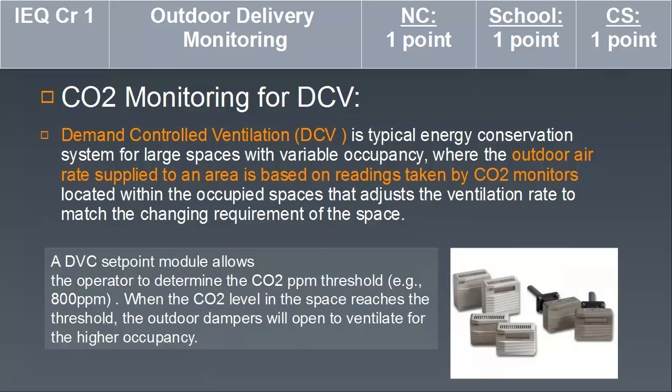So this is good for large spaces with variable occupancy, where the outdoor air rate supplied to an area is based on readings taken by CO2 monitors located within the occupied space. So adjust the ventilation rate based on the changing requirement of the space. Once again, lecture halls is a really good example of this. We have 0 to maybe 200 people in one space.